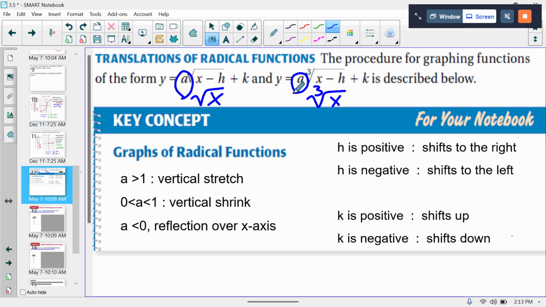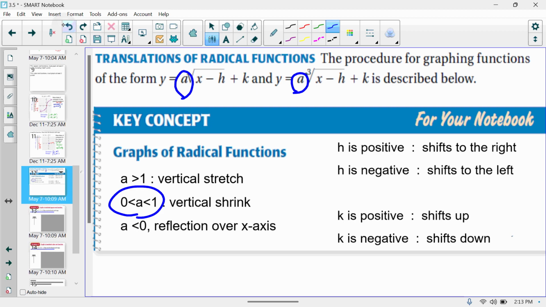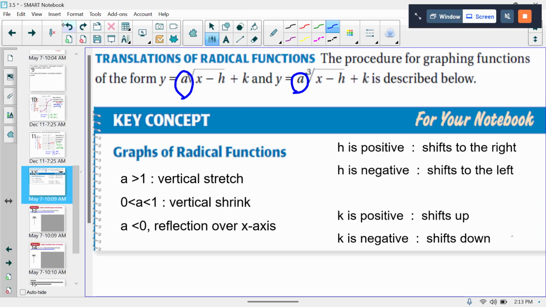So we said when that was, remember when it was 4, how it stretched the graph out? That's always going to happen. When a, that number in front of the radical, is greater than 1, it's going to stretch it. When it's between 0 and 1, like the 1/4 or 0.25 that we looked at, it's going to shrink it. If it were negative, it would flip it over.